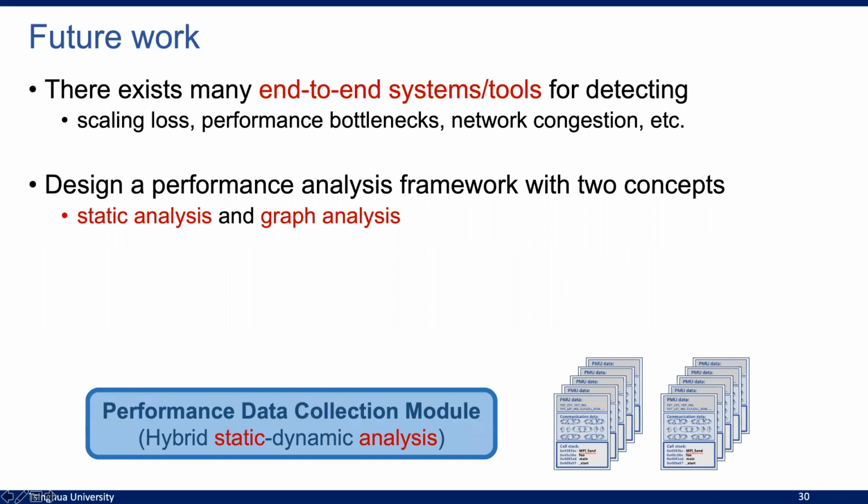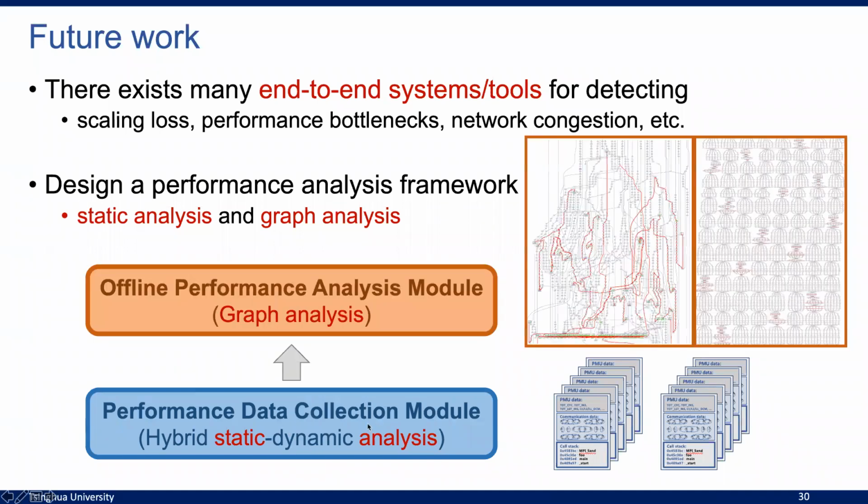In this framework, the first module is the performance data collection module. We use hybrid static and dynamic analysis in this module. The second module is the offline performance analysis module.